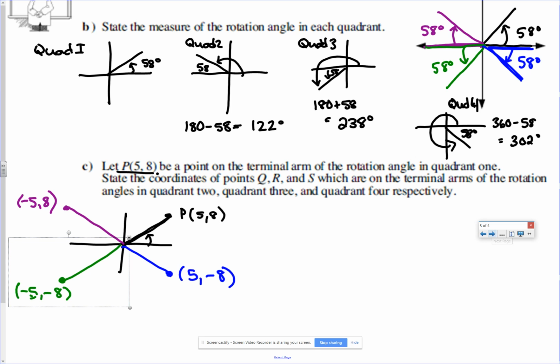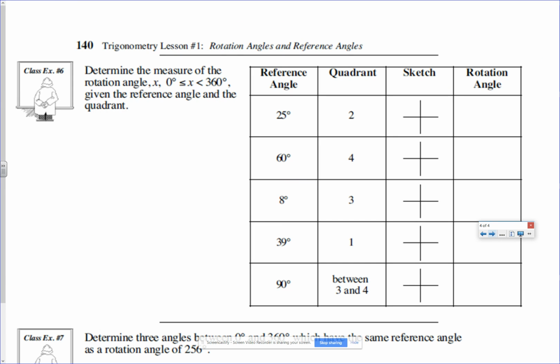So going on to the last little example here, which is just recapping all of this together. Reference angles are very important, so knowing them is good. So they're giving me the reference angle, they're giving me the quadrant, and I have to give you what the standard angle is. So there's quadrant 2. There's a 25-degree angle. I want that.